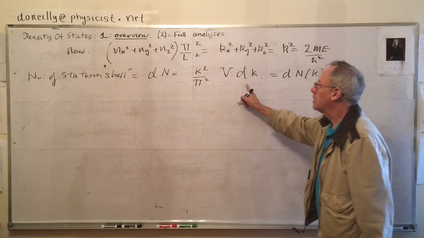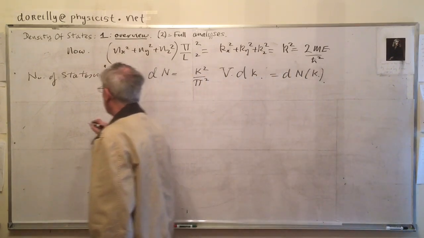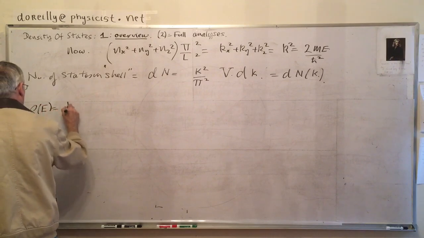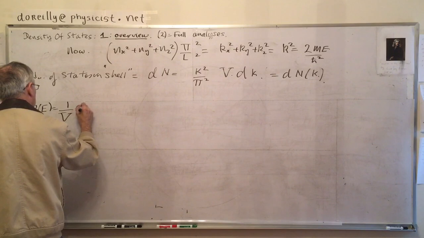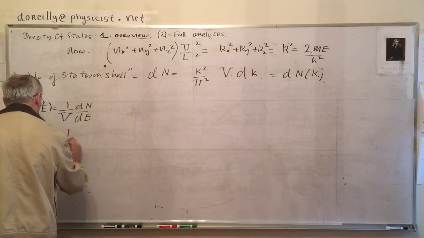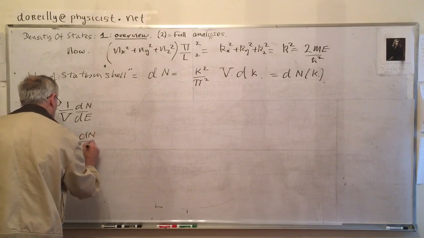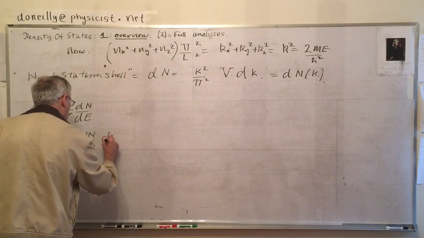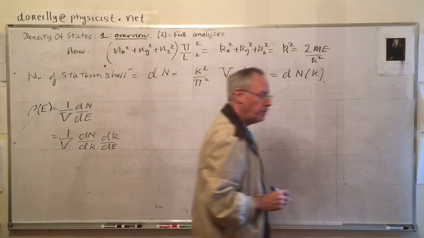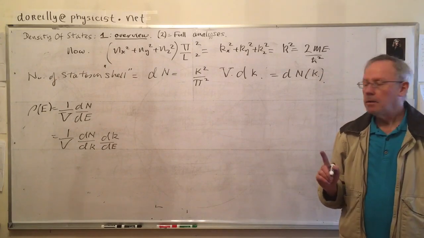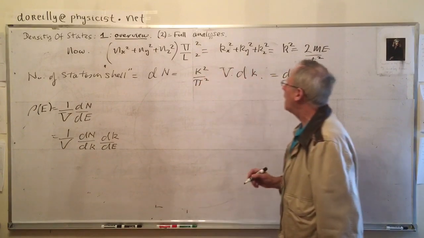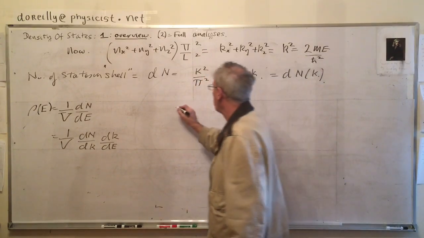So now let's work this out. To get from dn by dk to n of E, we could use the chain rule, but I'm not going to do it that way. I'm just going to take differentials.